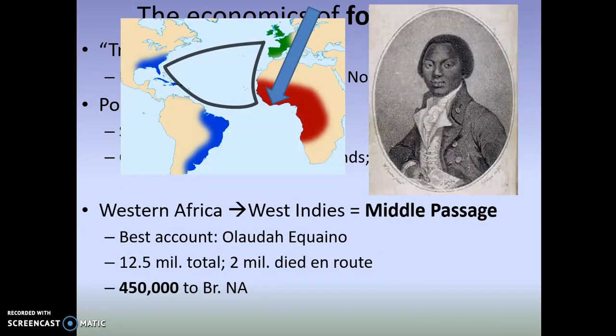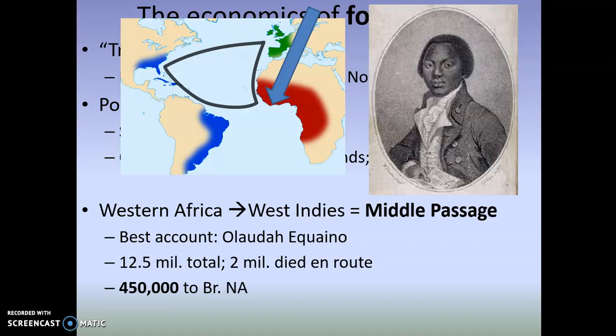Now, the so-called Middle Passage was the longest part of the journey across the Atlantic and led to countless deaths. The problem is that as you're making this part of the journey, the equatorial winds, so winds kind of near the equator, were very unpredictable. So ships could be stranded for weeks.